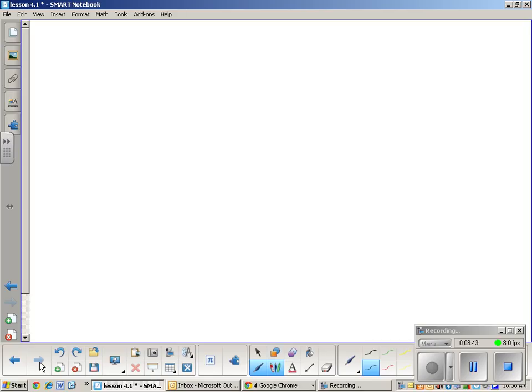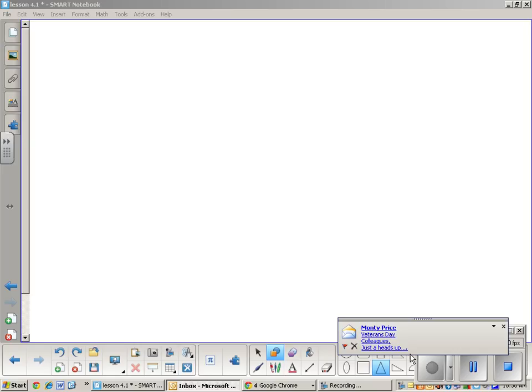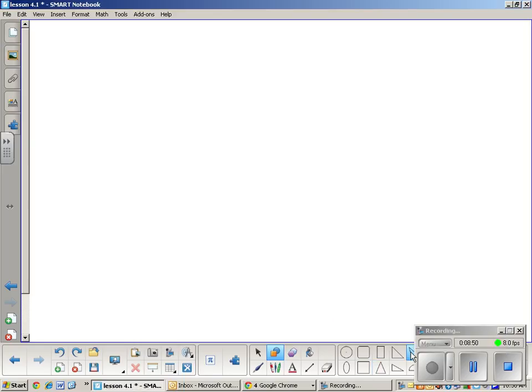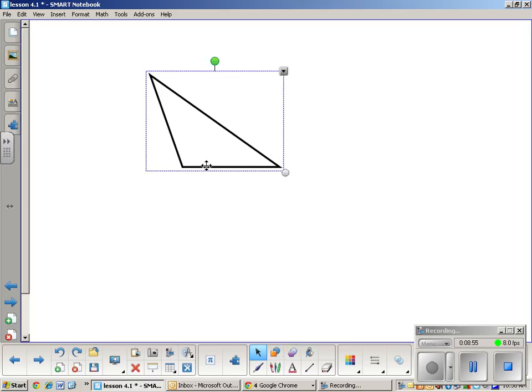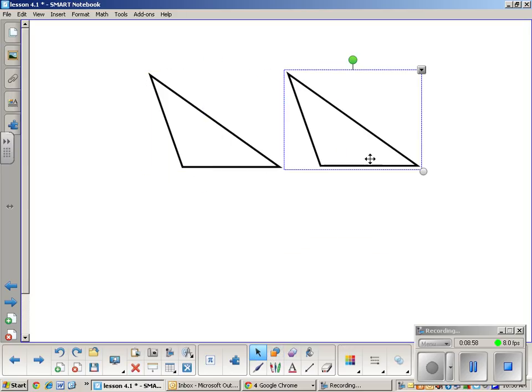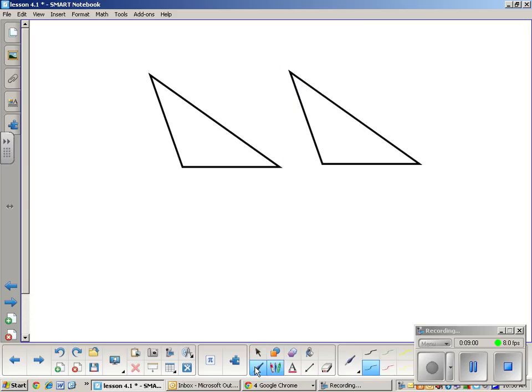If I had this triangle and this triangle, and not trying to trick anybody by rotating them around or changing the look at all. So here's my two triangles.